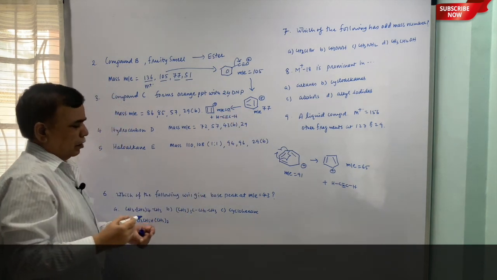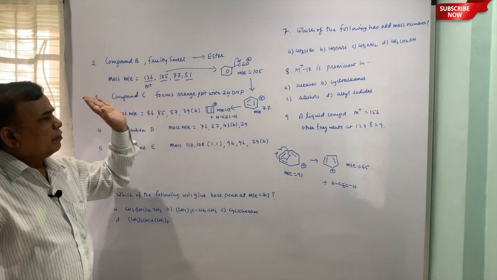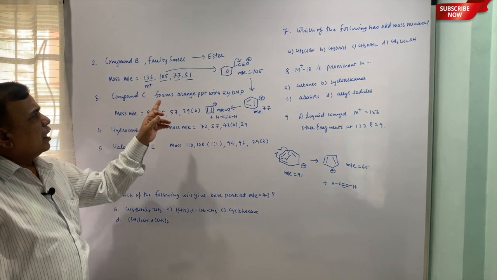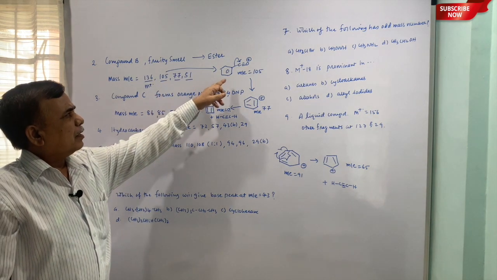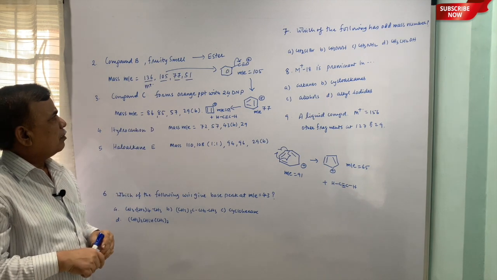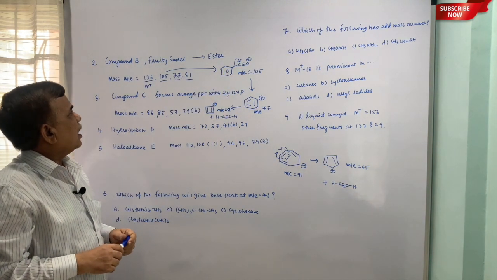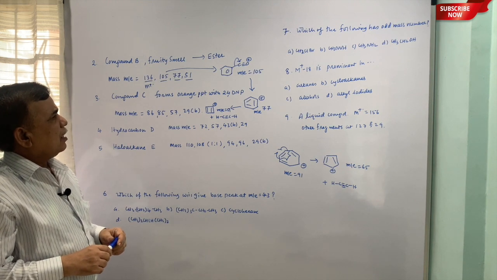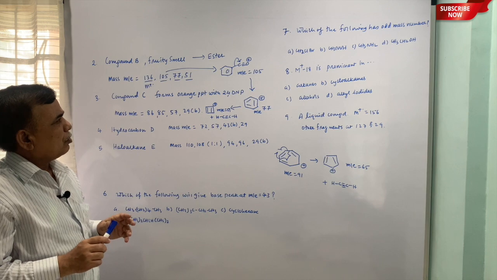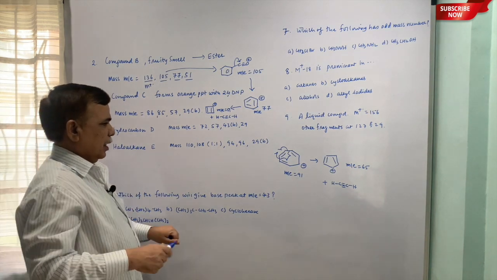So the hint is 105, 77 and 51, they are the immediate peaks. 105 can be obtained when you have the acyl group, or next to the phenyl ring a CO group should be there, and ester means it has to have some alkyl group.